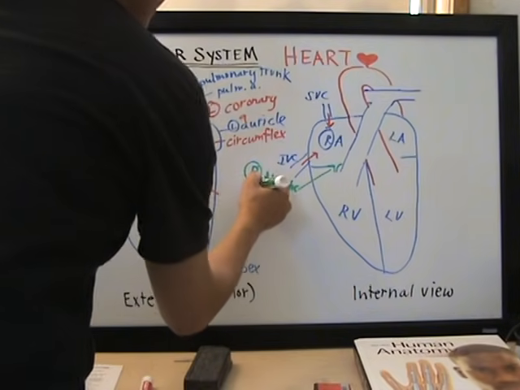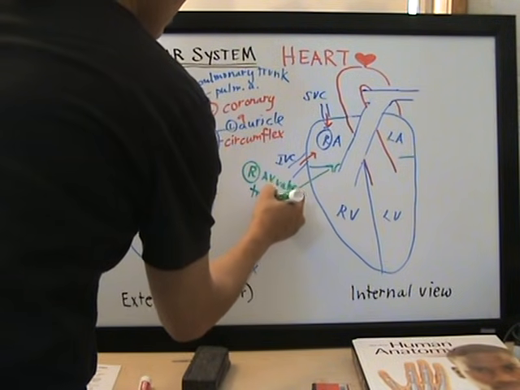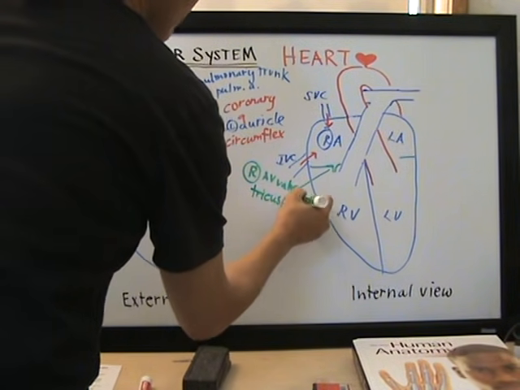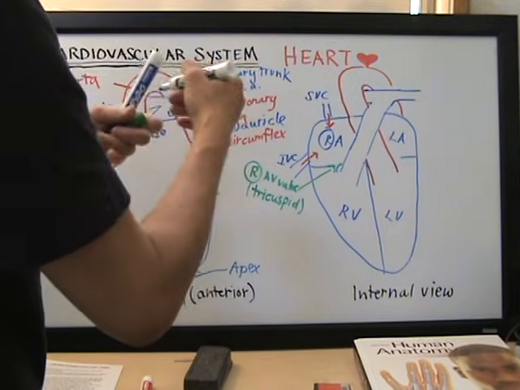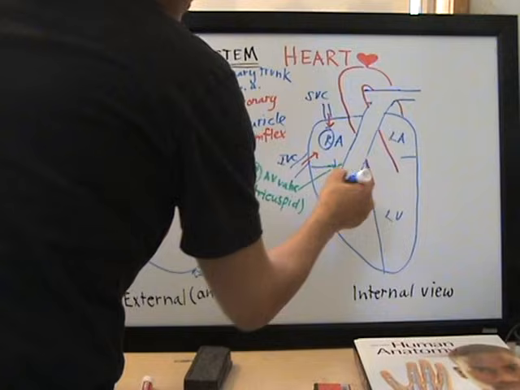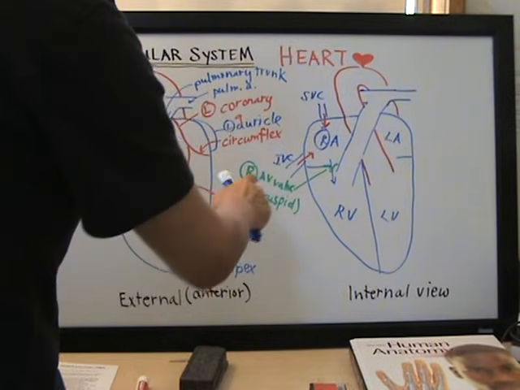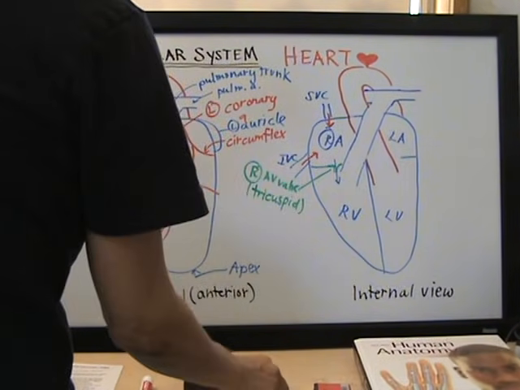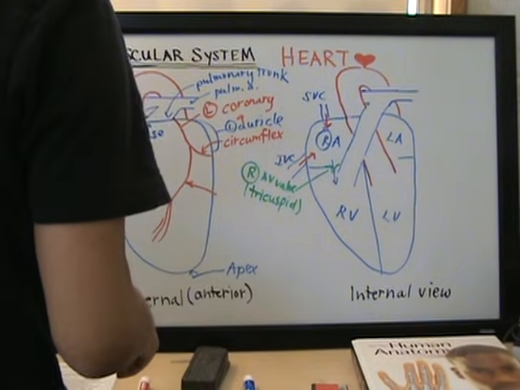Sometimes called the tricuspid valve because it has 3 cusps on it. Blood then flows through the right AV valve, AV again, atrioventricular valve, into the right ventricle.